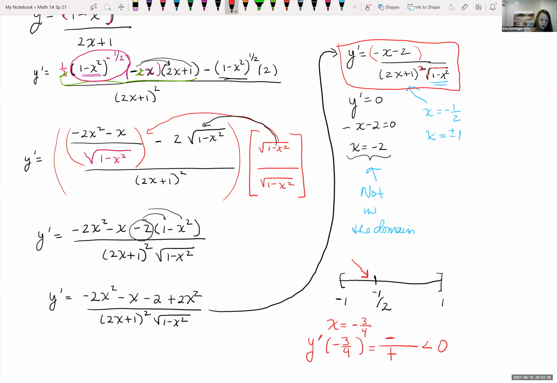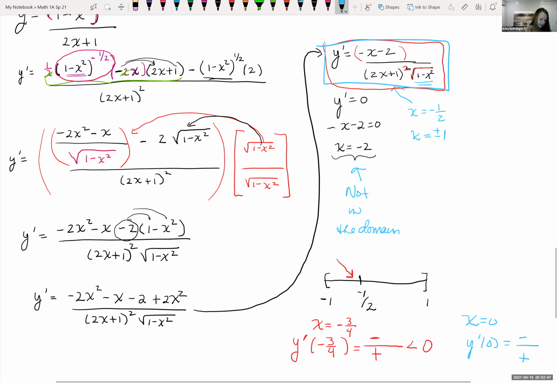Same idea, choose a number between -1/2 and 1. So how about x equals 0? If we plug it in here, we get -0 minus 2. Notice that our numerator is negative, divided by our denominator, which is positive. So this is also less than 0.